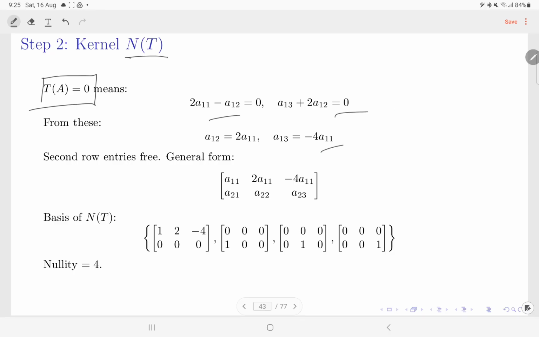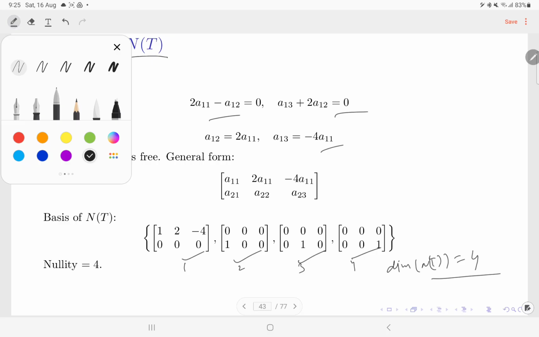For the sake of completion I'm writing this one. You will find that this is the spanning set for null of T, and since there are four independent matrices, the dimension of null T will be 4.